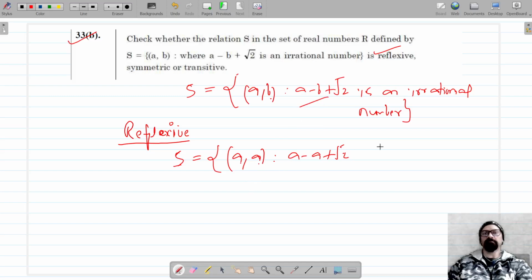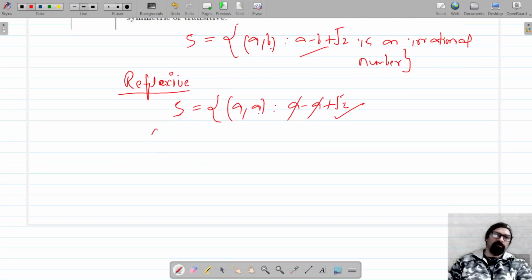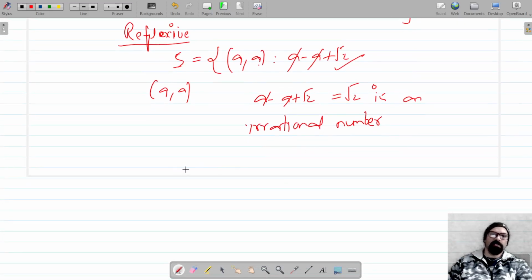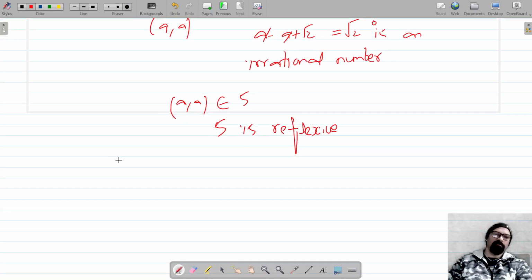The a and a get cancelled, so a minus a plus root 2 is equal to root 2, which is an irrational number. So (a, a) belongs to the relation S. So S is reflexive.